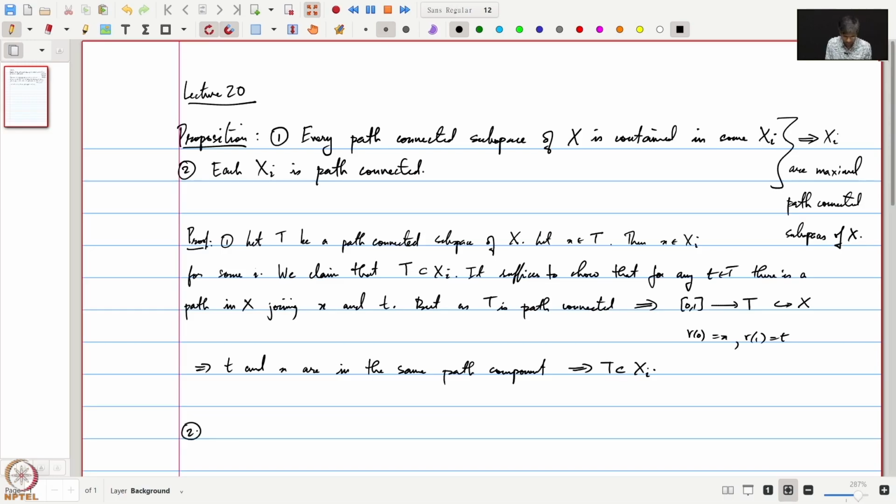And to prove 2, this is also obvious. So let x be in Xi. So we need to show that any 2 points in Xi can be joined by a path.